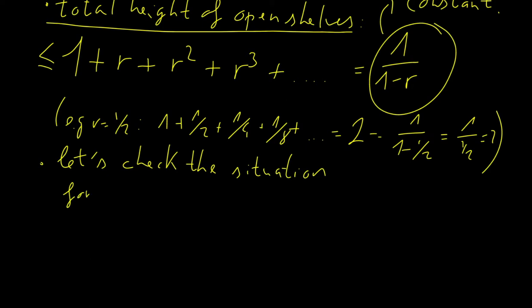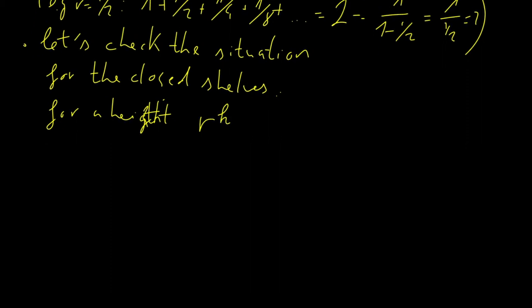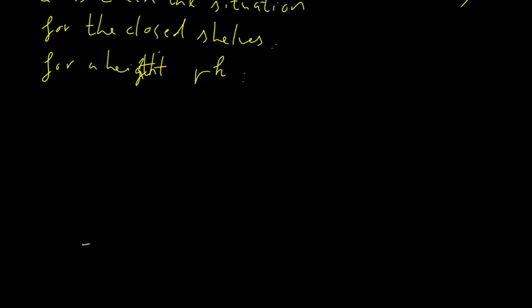For the closed shelves, so for a height r to the h, we can have a shelf of height r to the h and another one of r to the h. Okay, so suppose we have two of these guys.